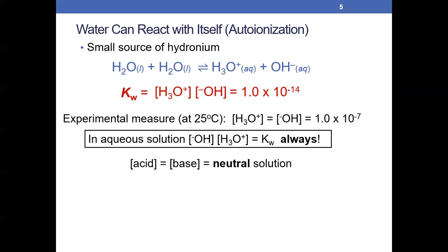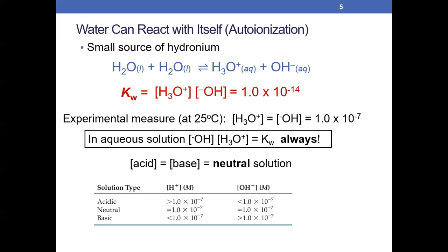Just to emphasize here, if we have an equal concentration of acid to an equal concentration of base, that is by our definition a neutral solution. If we have an excess of acid in solution, H3O plus or H plus, we would consider it to be acidic.